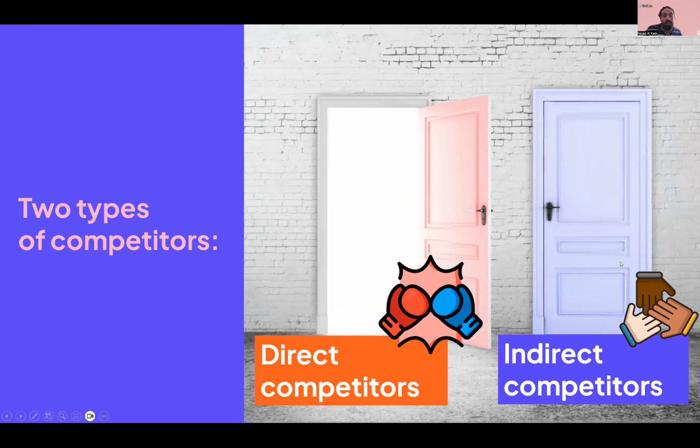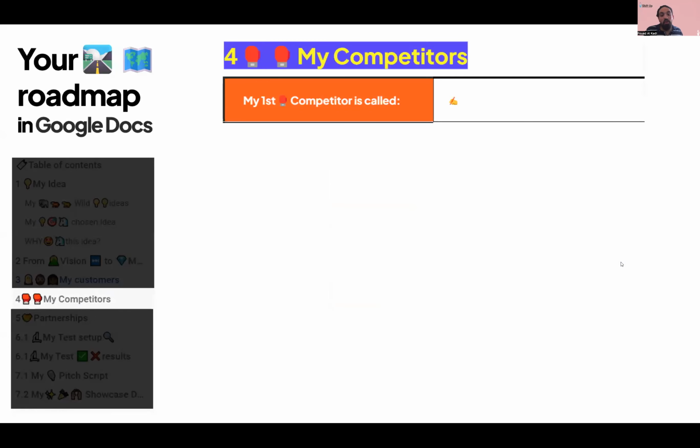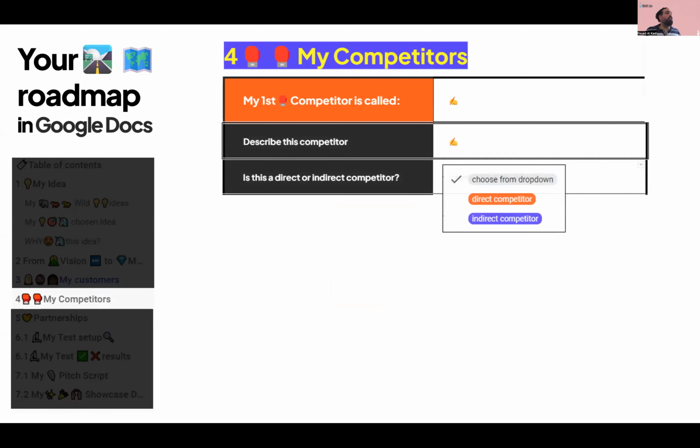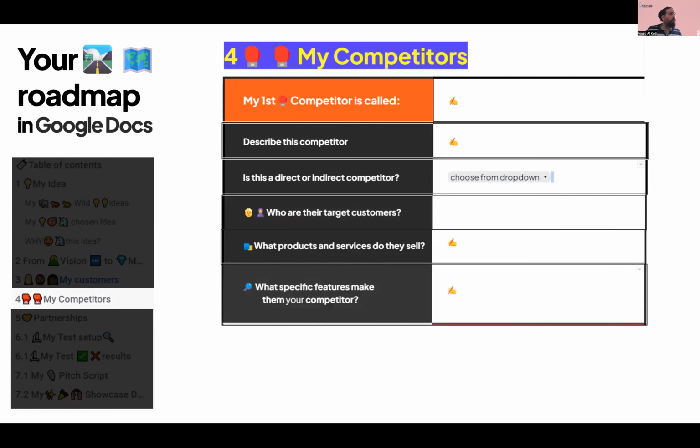So what are you going to do now, guys? You will go to your roadmap in Google Documents with your mentor, and you will go for the my competitors part, which is number 4, and you will start to search for competitors, describe the direct competitor, who are their target customers, what products and services they sell, and what specific features make them your competitors.